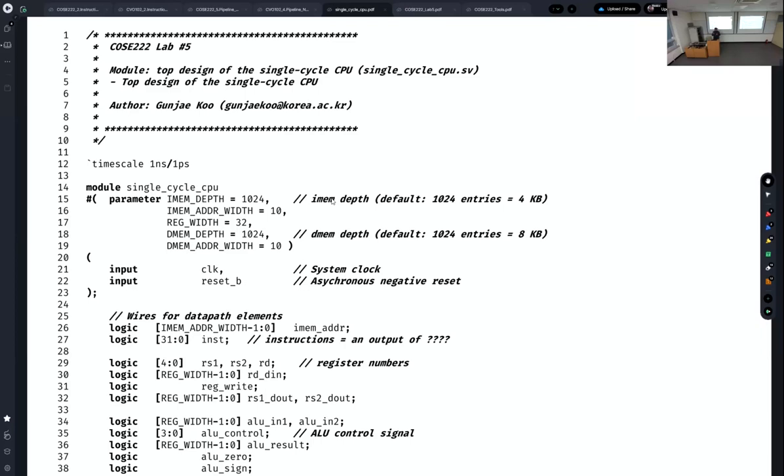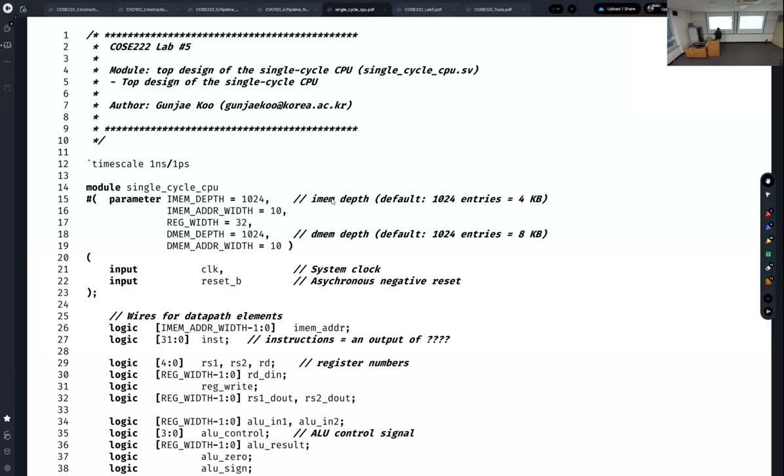You can use what you designed, or I also provide the complete design of these data path elements. You can find IMM.SV, regfile.SV, ALU.SV, and DMEM.SV in the lab number 5 compressed file.